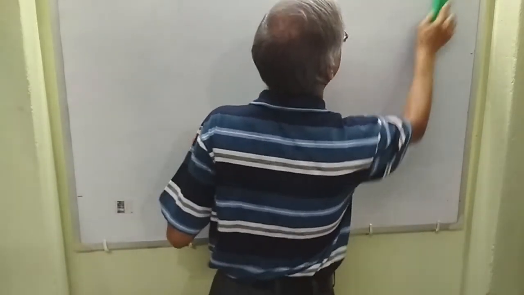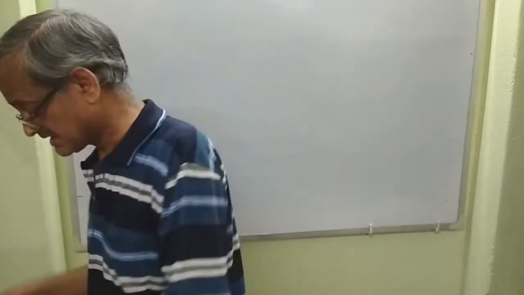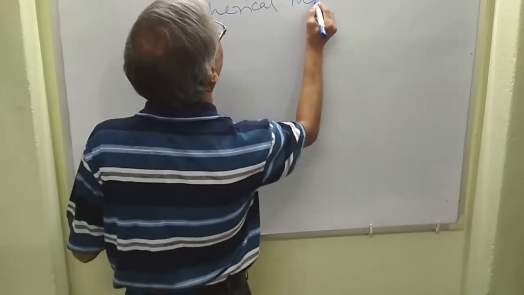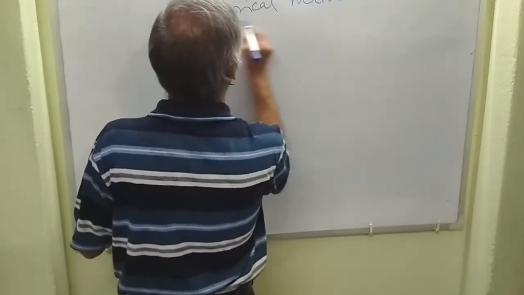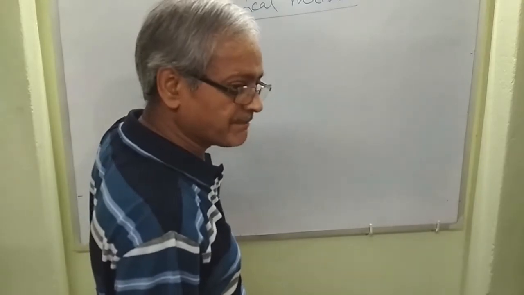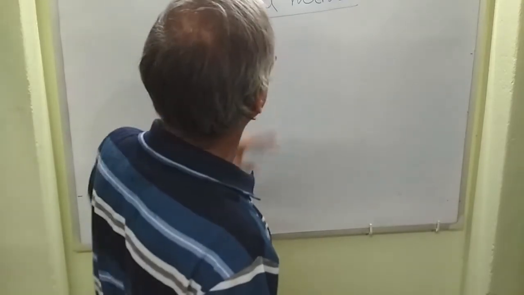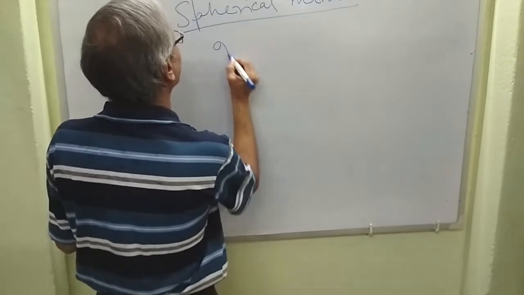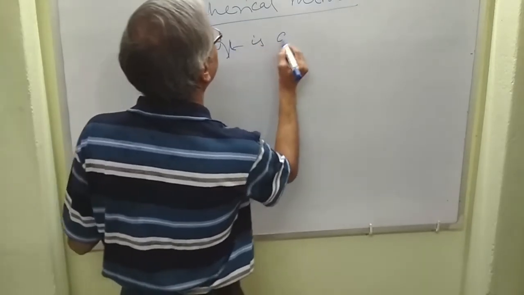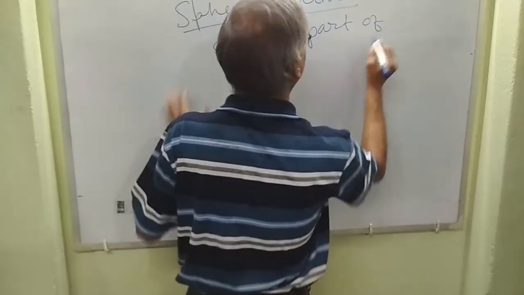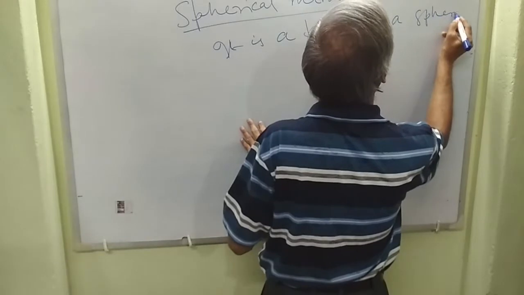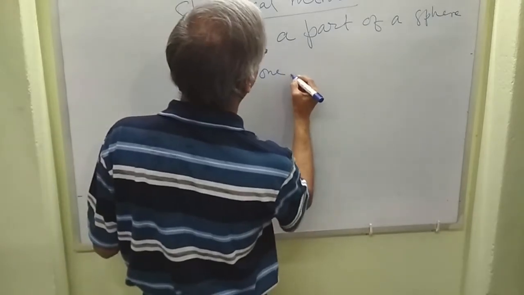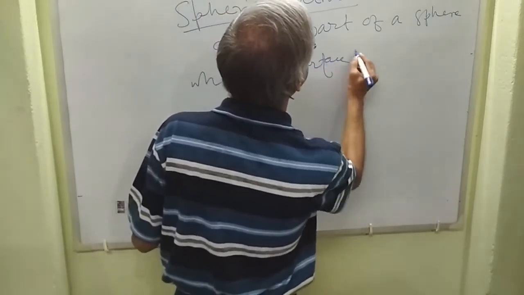Now we know some terms about spherical mirrors. A spherical mirror is a mirror which is a part of a sphere, obviously.